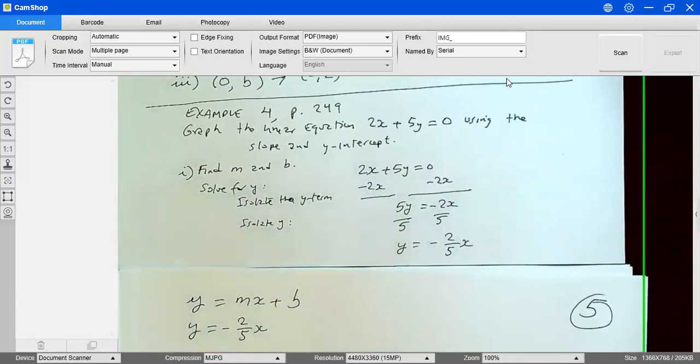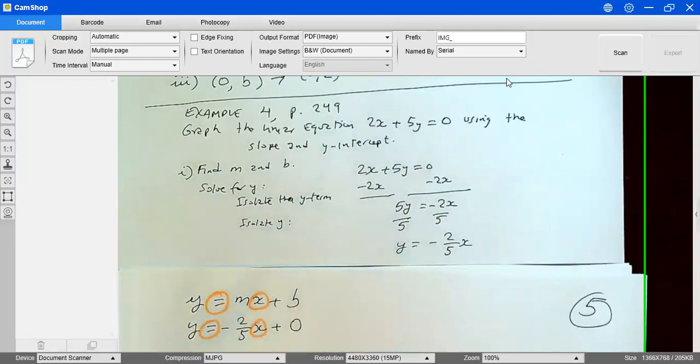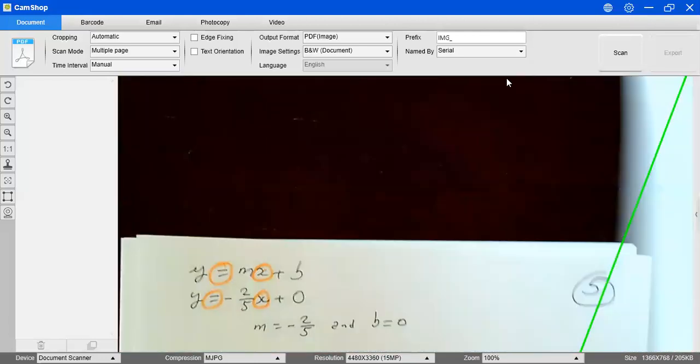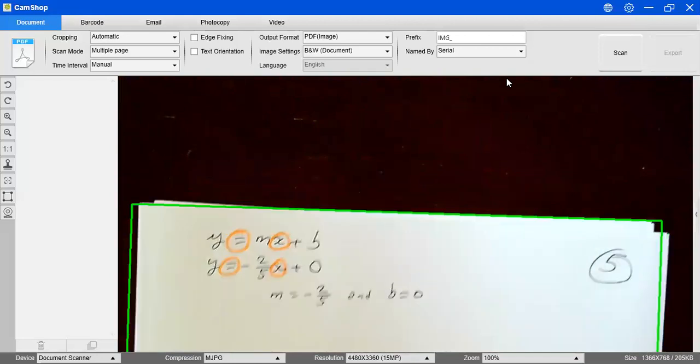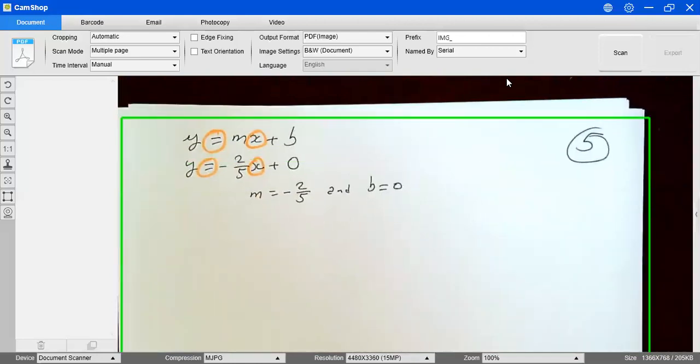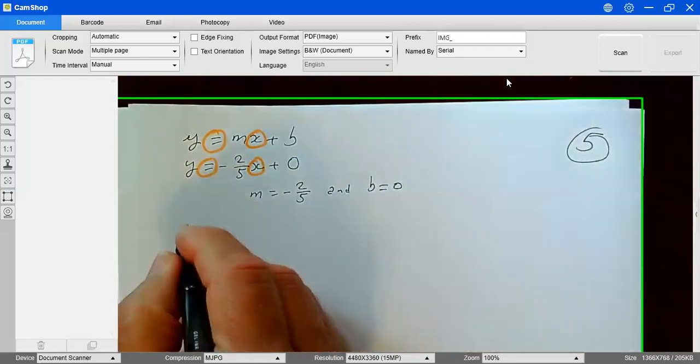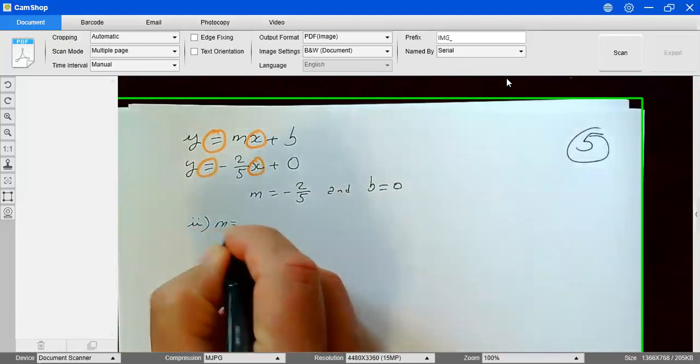And you don't have the rest, you just write 0. So I have the equal signs aligned, I have the x's aligned. So now I can see that m equals negative 2 over 5 and b equals 0. So what is the next step now? We already have m as a fraction.